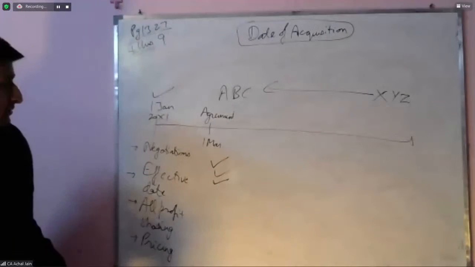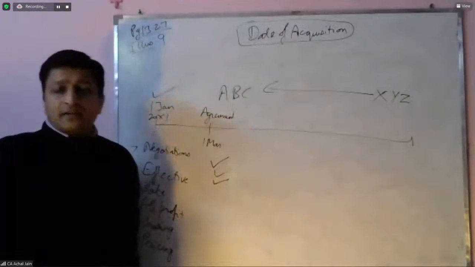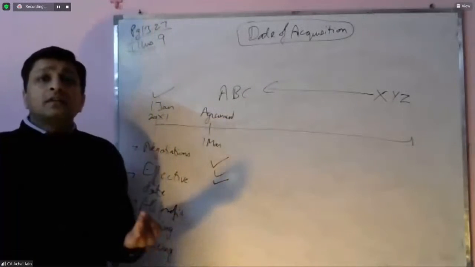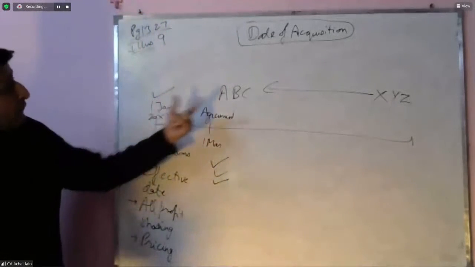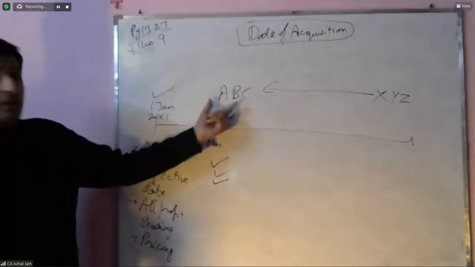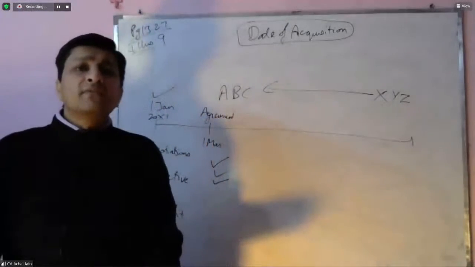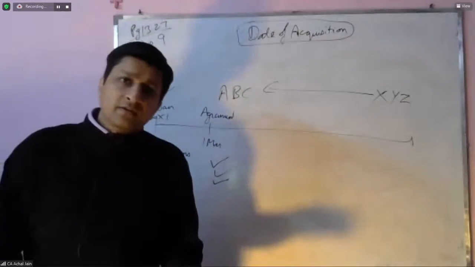But still, what is the relevant factor to decide the date of acquisition? The date when control is obtained. When is the acquirer obtaining the control? 1st of March. So what will be the date of acquisition? 1st of March. Clear on this?